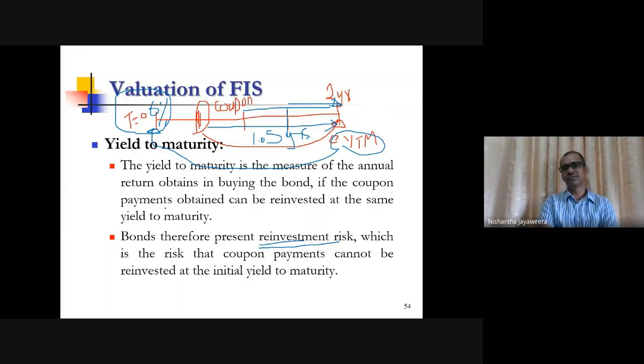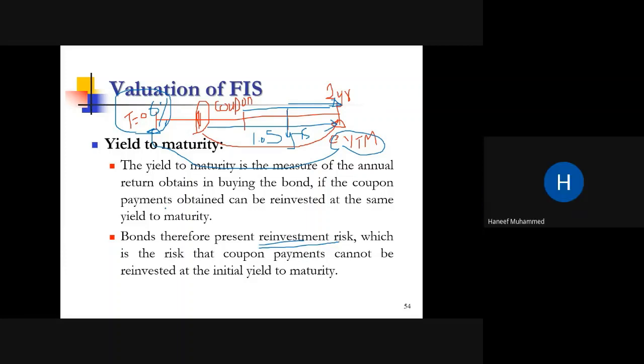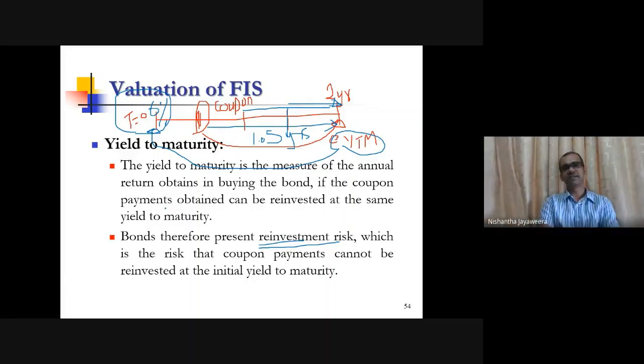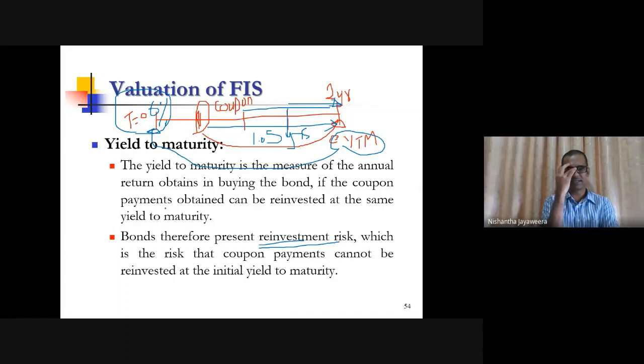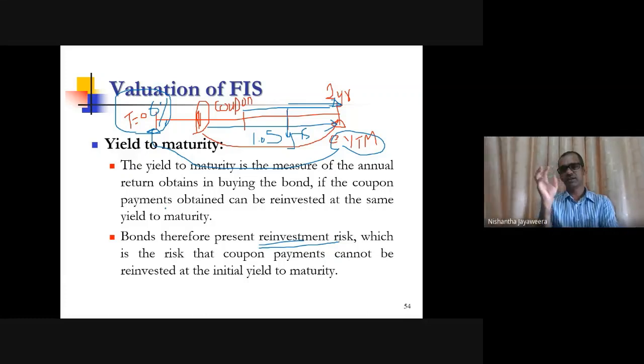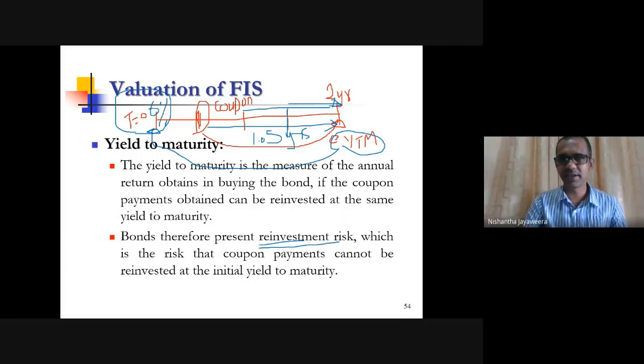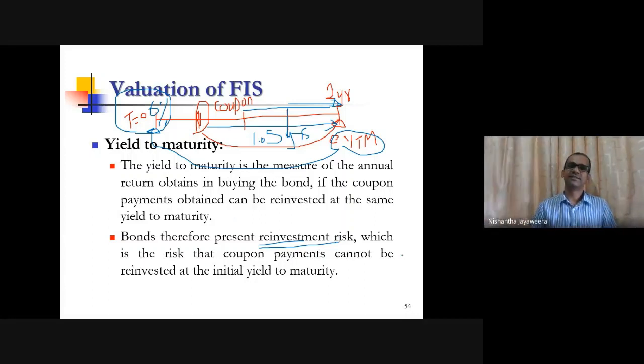Otherwise, you won't realize that. But the YTM is not based on the cash flow that I'm going to receive each 6 months. No, YTM is the yield that you require for the 2-year period. Yeah. But you discount cash flows at different times using that yield.